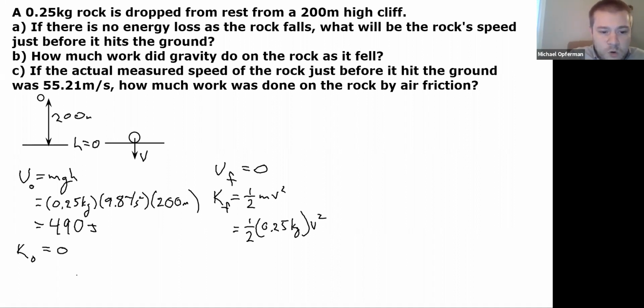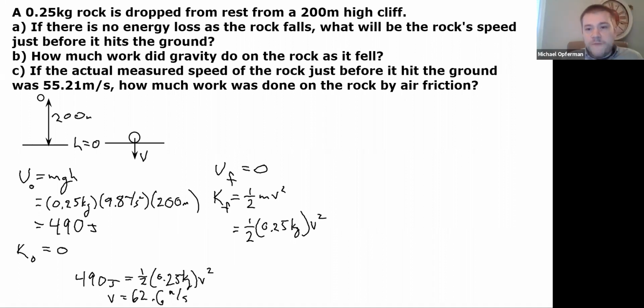So we'll have 490 equals 1/2 times 0.25 times v squared. And that's going to give v equals the square root of 2 times 490 divided by 0.25, which is 62.6. And it's positive because that's just the speed. If you want the velocity, it would be negative.